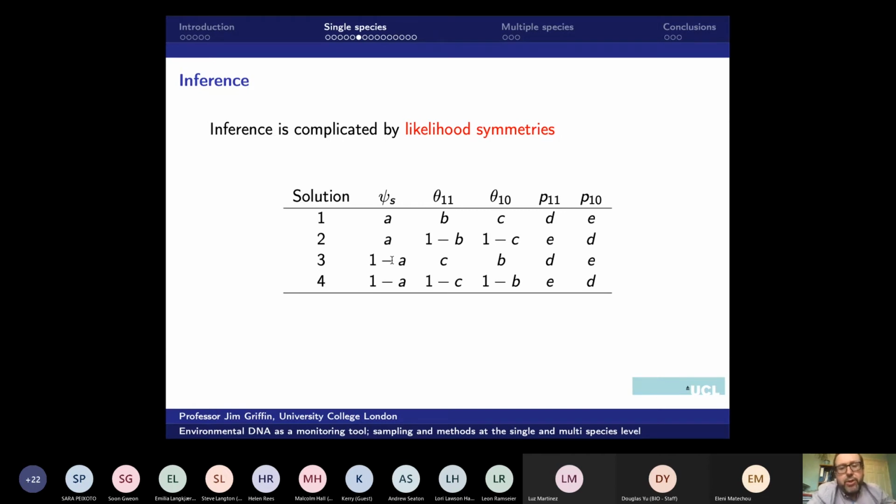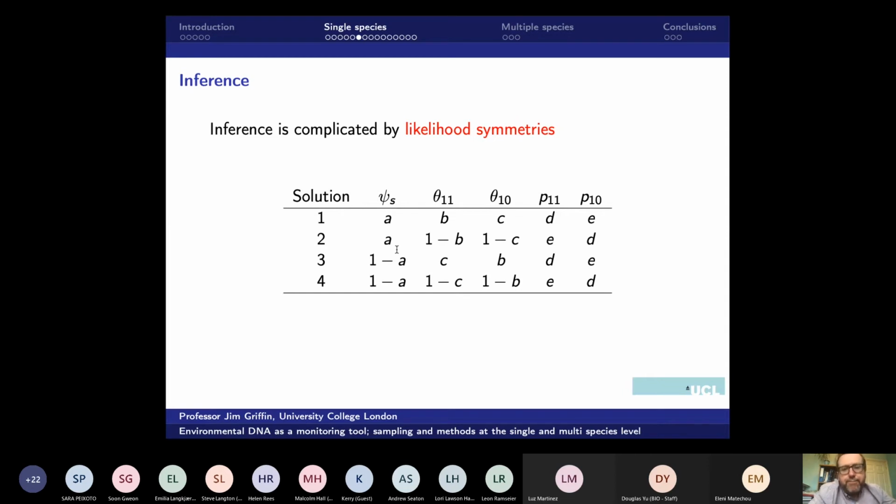These different solutions arise because I'm changing the meaning. Here at B, I'm interpreting it as a true positive. If I take 1 minus B, then that's going to be a false negative. So through these likelihood symmetries, I'm giving different meanings to the parameters of my model.